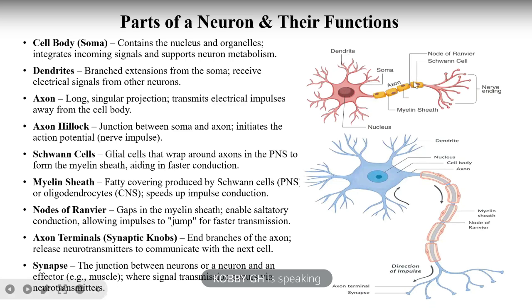Then we have the axon. The axon is the long elongated part. So from this part to this part of the neuron is called the axon. When we ask you to describe an axon anatomically, an axon is simply the long elongated part of a neuron.